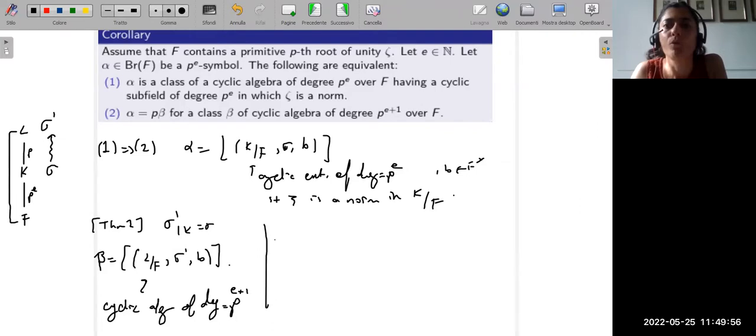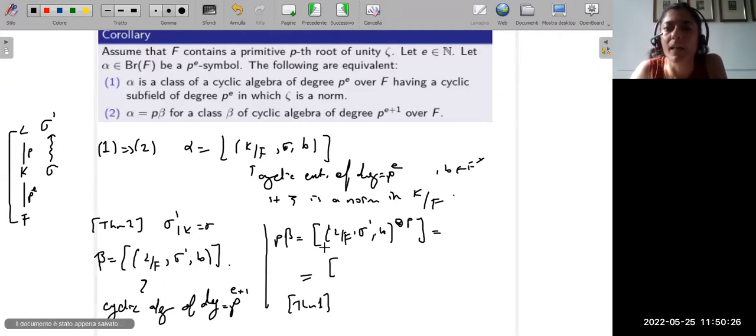Let's compute p times beta. In terms of algebras, this means that you take the tensor product of this cyclic algebra with itself p times. And here I use theorem 1.